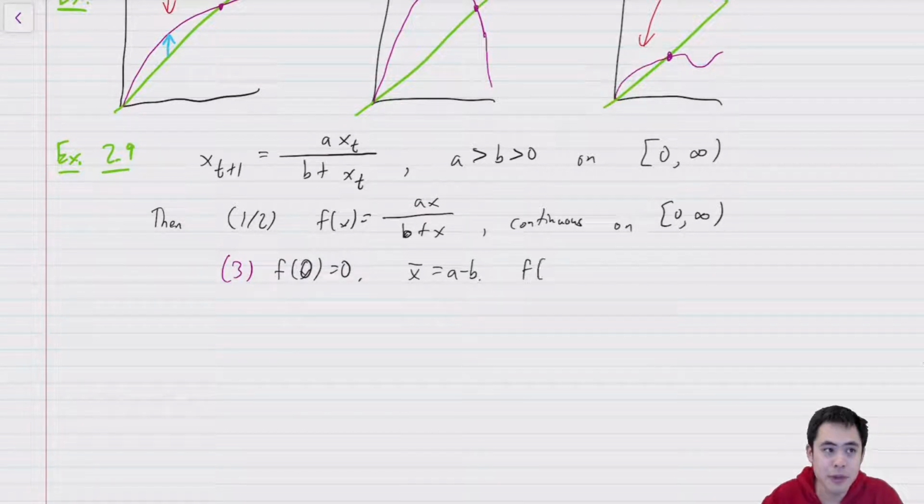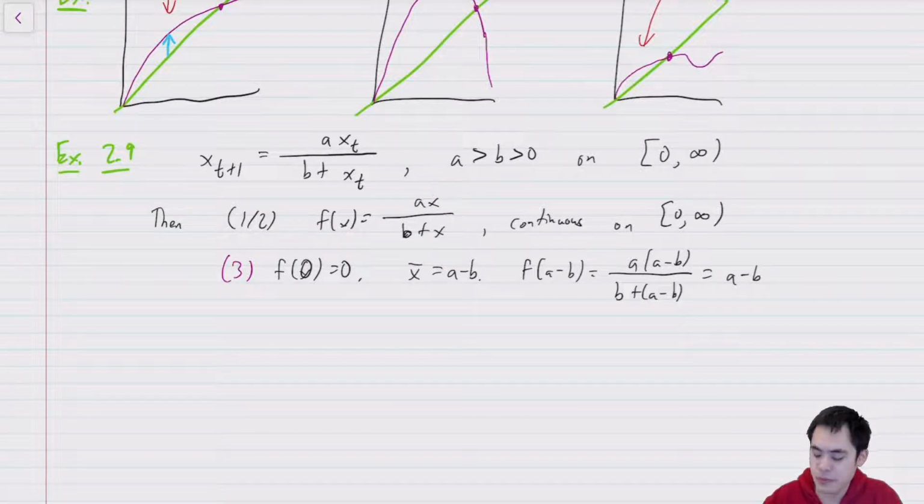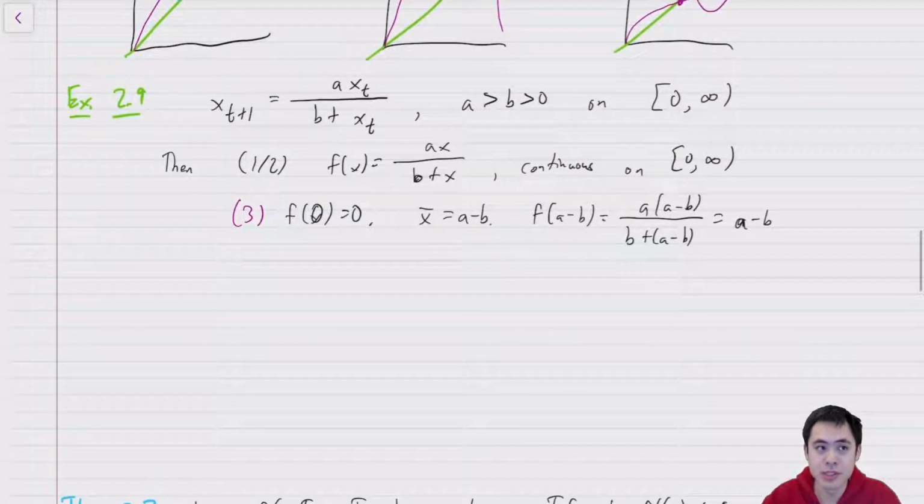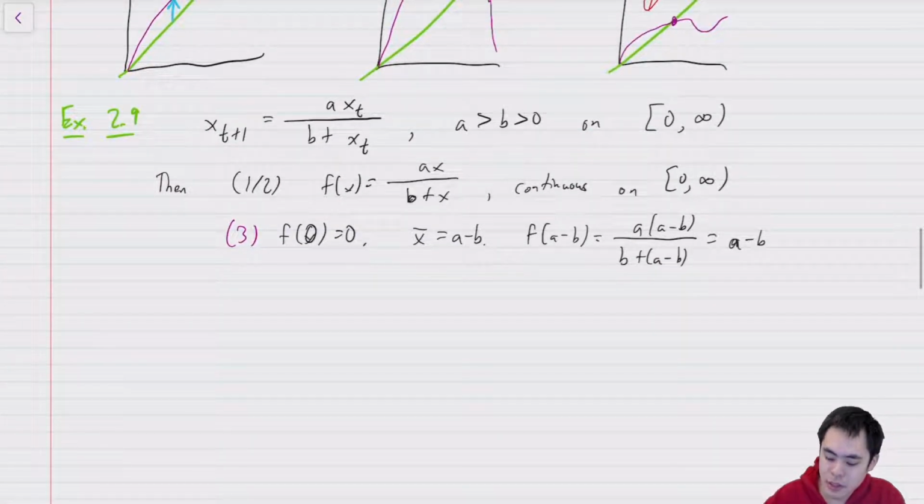So then f of a minus b is equal to a times (a minus b) over b plus (a minus b), which is equal to a minus b. And note that a minus b is greater than 0, so everything holds nicely here.